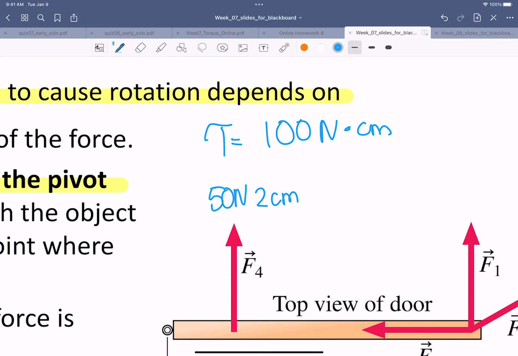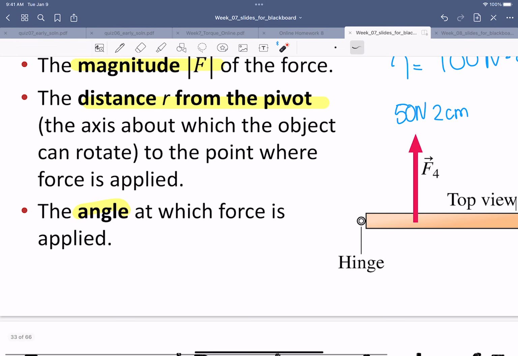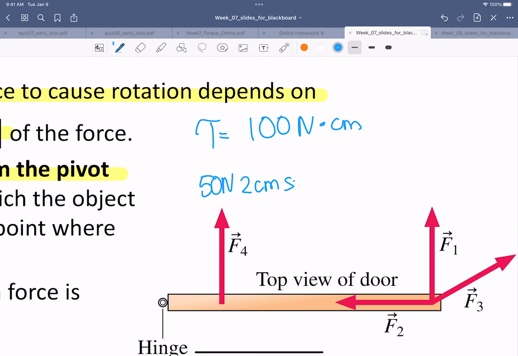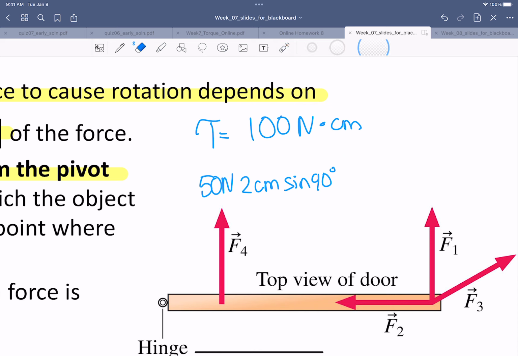And that's assuming that the third component of torque, which is the angle at which you apply the force, is just 90 degrees. Sine of 90 degrees is just 1. So I would need to exert a 50 Newton force 2 centimeters away from the hinge. That's pretty close. Need to exert a really great force to be able to open that door, rotate it to where it closes, right?